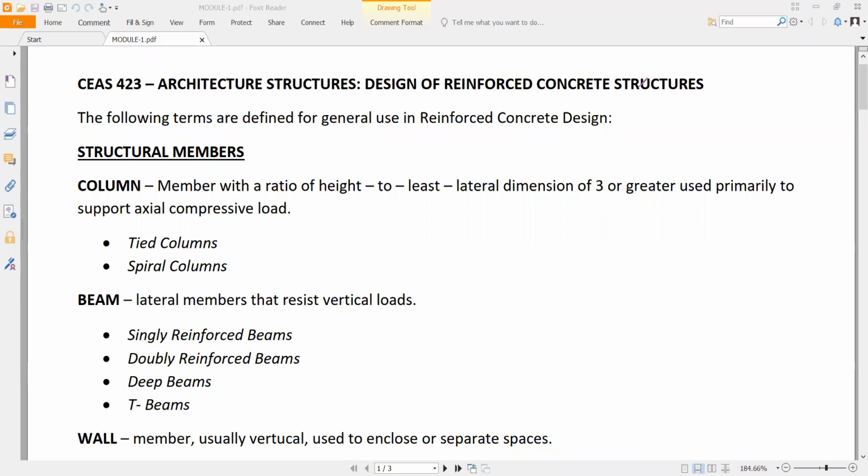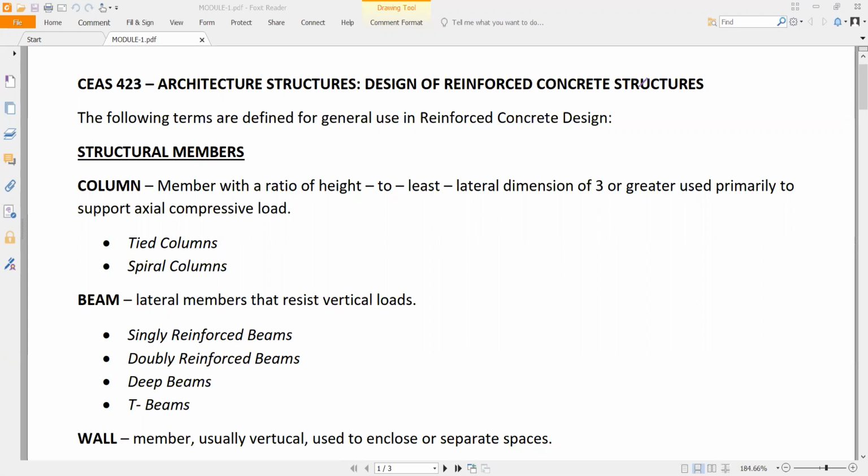Last week, I already oriented you that I will combine the classes of CEAS, CERC, and CESD, because we are dealing with the same course, which is the design of reinforced concrete structures. So for today, I decided to have an asynchronous discussion so that you can review this at your own pace, or analyze and study your lecture on your own.